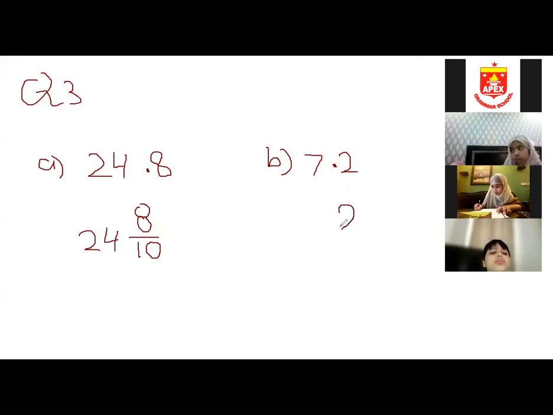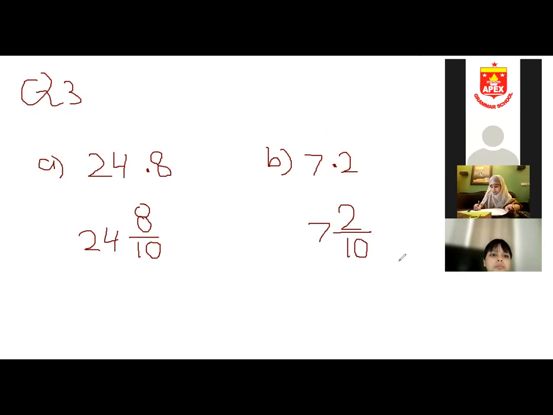So I am going to write it like this, 2 by 10. And this 7 is the mixed part. So the answer is 7 as a mixed number, and 2 is the numerator, and 10 is the denominator. Are you getting my point, everyone?